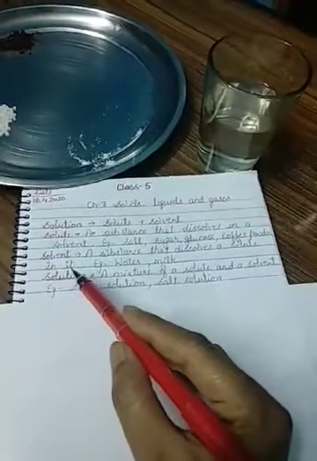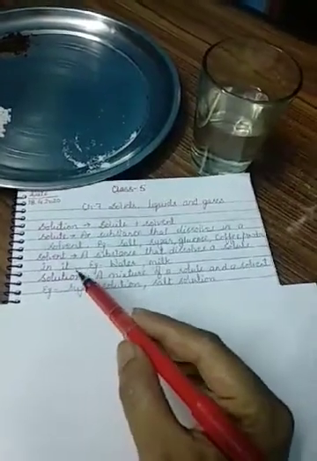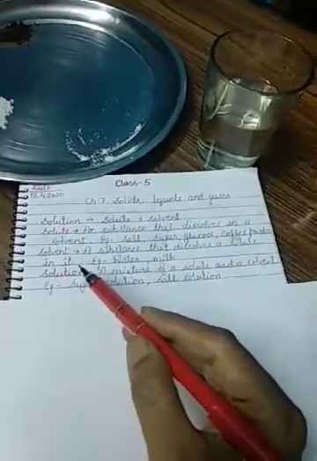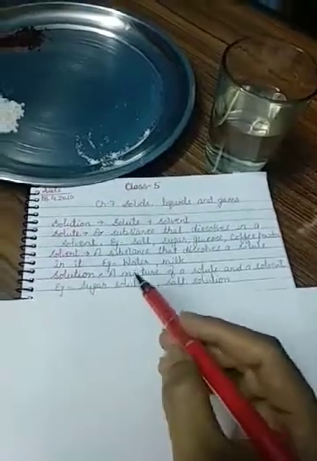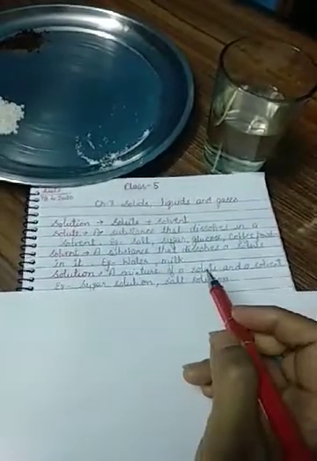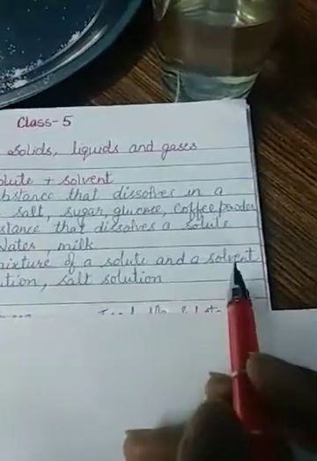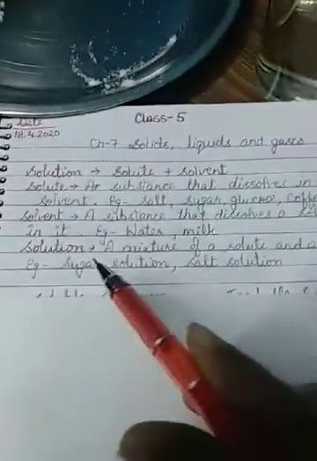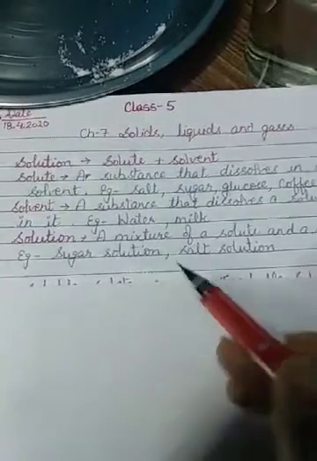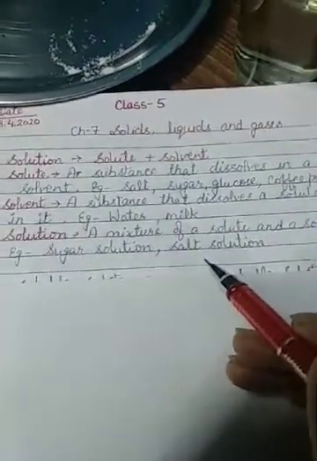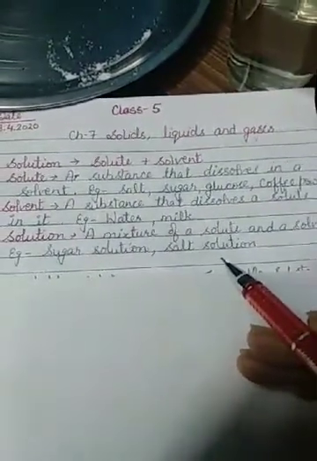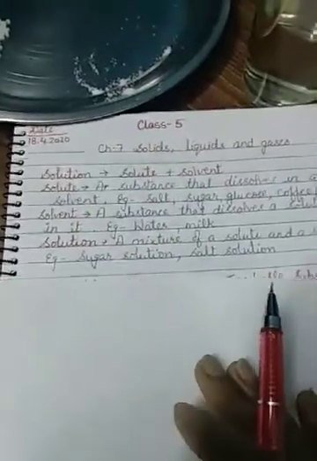Whatever dissolves any solute within itself is the solvent. And the mixture of solute and solvent is known as a solution. It can be a sugar solution, it can be a salt solution. So these are the solutions that I have shown you.